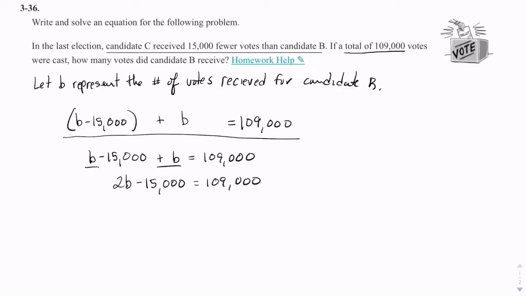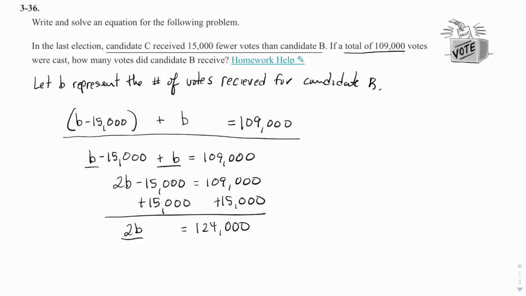And then add 15,000 to both sides, plus 15,000, and I get 2B equals 124,000, and divide both sides by 2, and we get B equals 62,000.